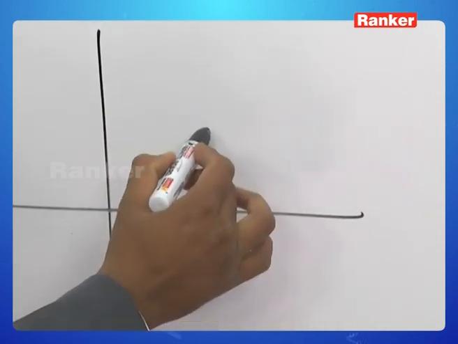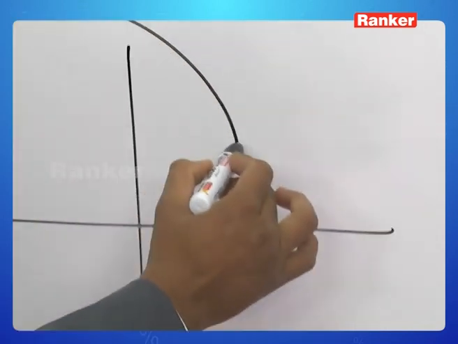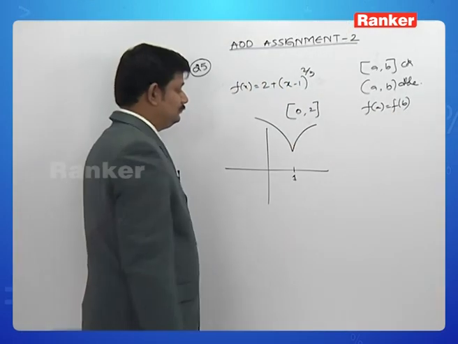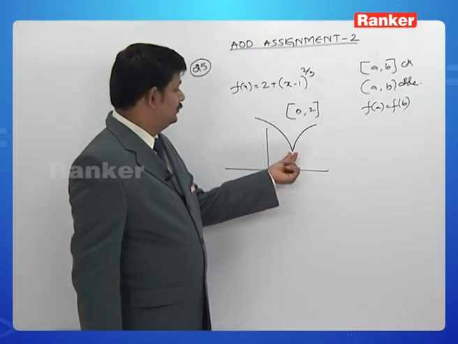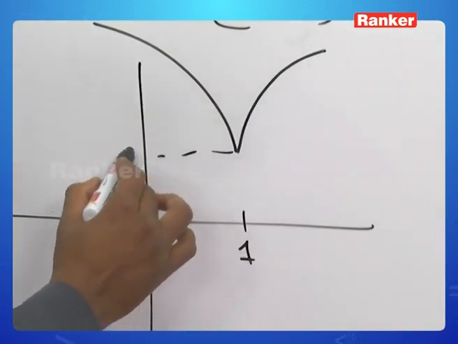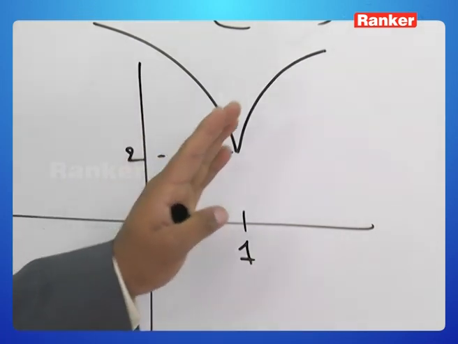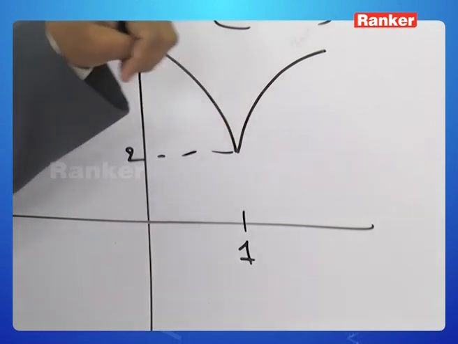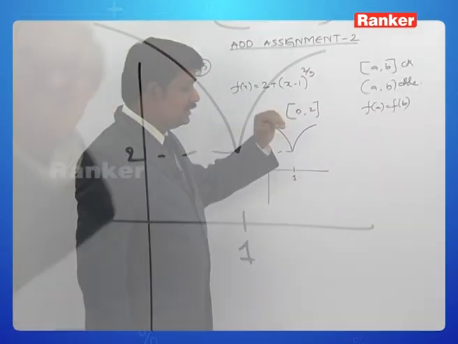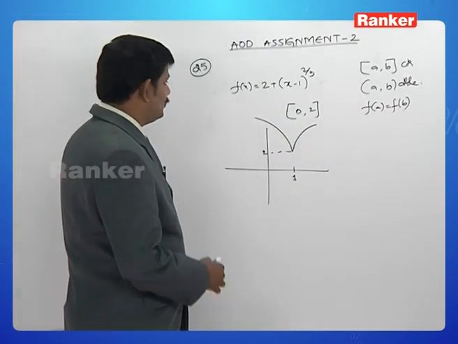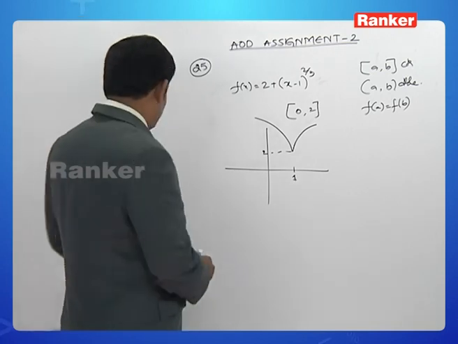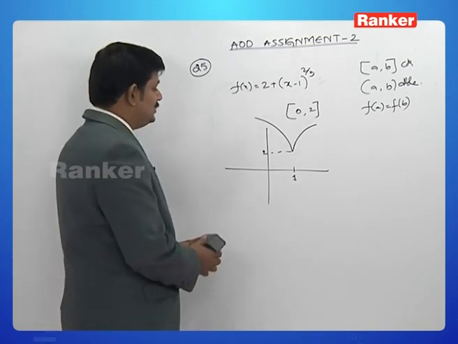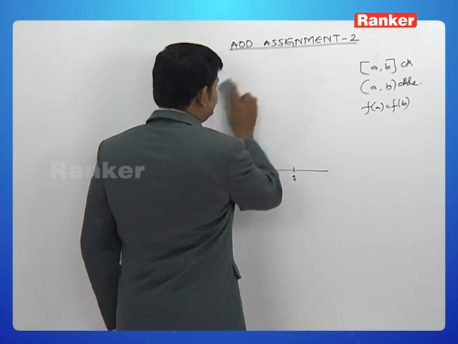At 1, the function's value will be tending to 2, and you see a cusp. Left derivative and right derivative, when you evaluate the limits, one would be minus infinity, other would be plus infinity. So, function is not differentiable at 1. So, again C cannot be part of our answer.